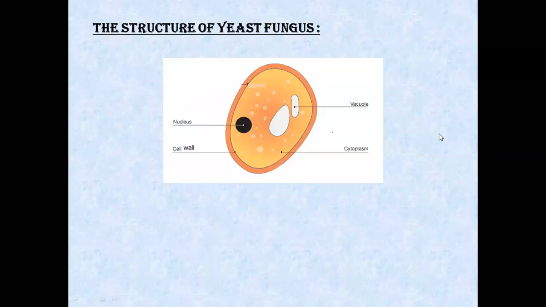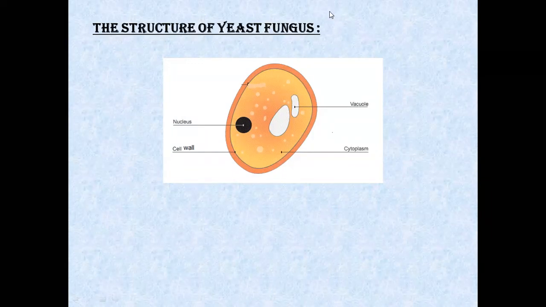It consists of four things: sure, nucleus, sure, cytoplasm, and only one sap vacuole, and only one outer cover, the cell wall. So the structure of yeast fungus consists of nucleus, cytoplasm, sap vacuole, and cell wall.